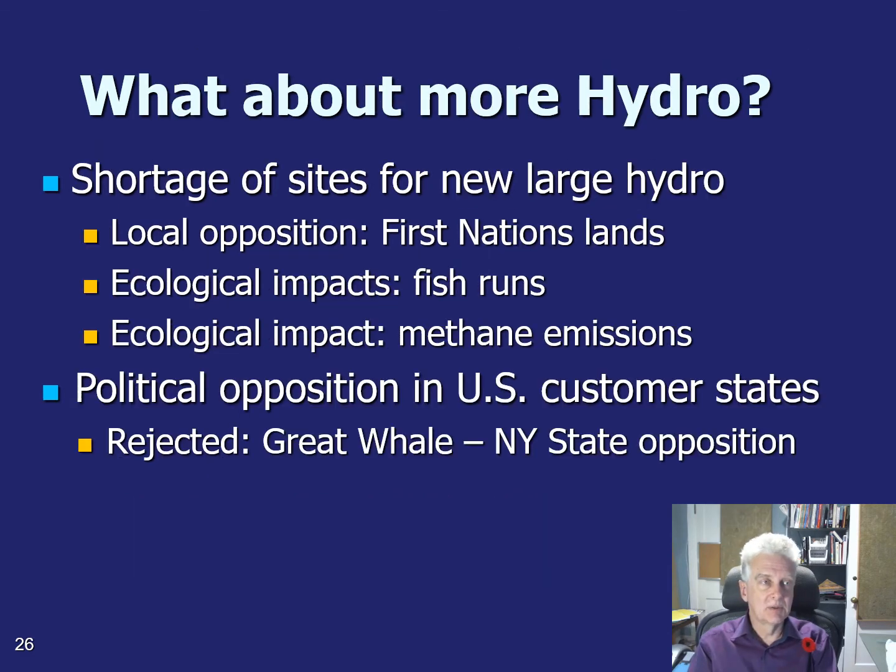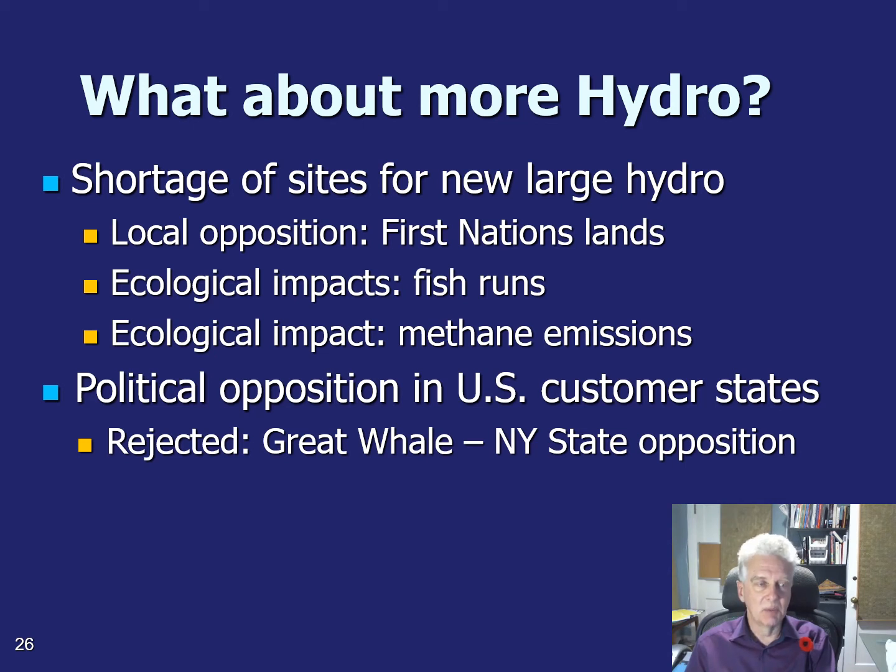So going back to large hydro, these are some of the things I just mentioned in passing in the last slide. Locally, First Nations have been opposed to proposals to put land underwater to produce impoundments for large hydro dams. And there are ecological impacts on fish runs. As I also mentioned, there's methane that is emitted when you impound existing topsoils. The plant matter breaks down and emits methane.